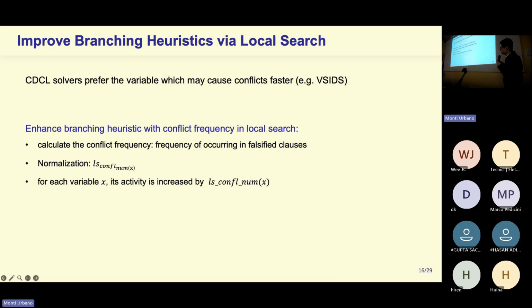So this can be used to enhance the branching. We can get a normalization, and after that, for each variable x, we can increase its score with the local search conflict frequency to rewrite the scoring function.